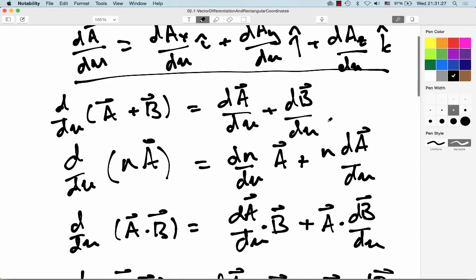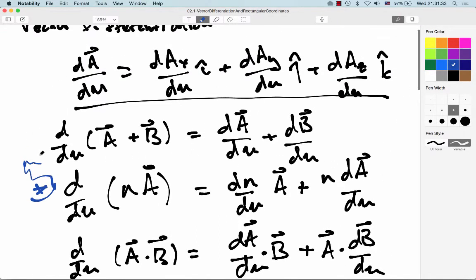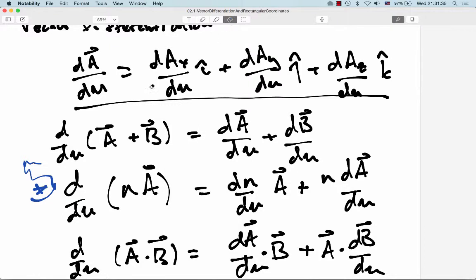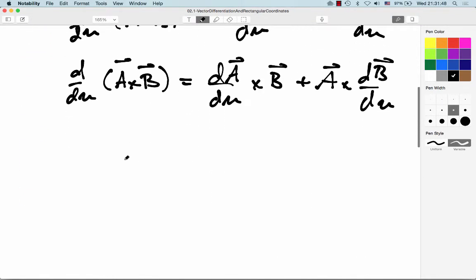Alright, so just to get some flavor for how these things get shown, let's go take a look at the chain rule for scalar differentiation, for a scalar times a vector.